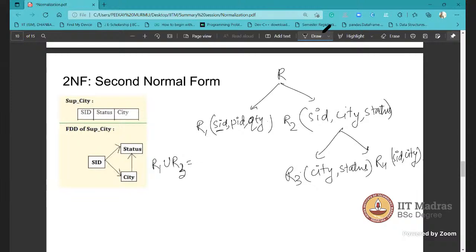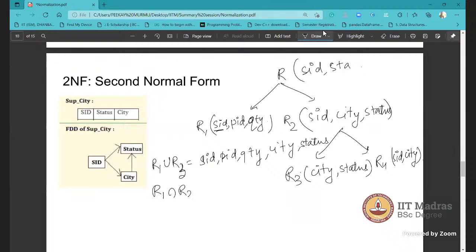It contains SID, PID, QTY, city, and status. So I think it contains all the attributes. Yes, sir, all attributes, and we have to check what the common attribute is. SID.